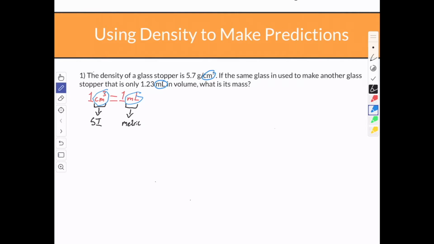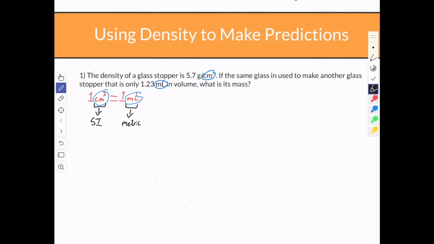Now, how do we do this problem? We have the density of a glass stopper, and it's 5.7 grams per centimeter cubed. What we want to understand right off the bat is what density is. We should remember it's what we call a derived unit, the combination of two units mathematically put together.